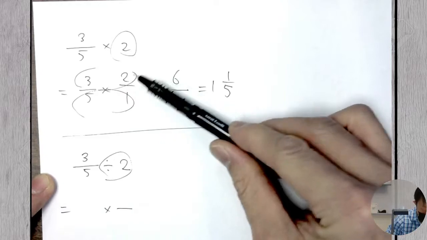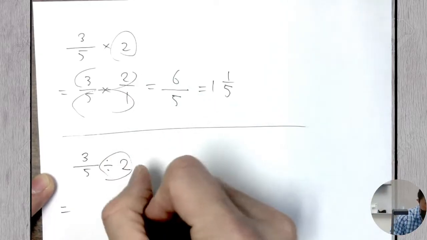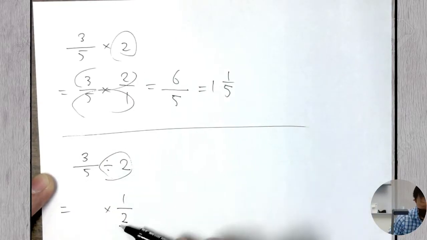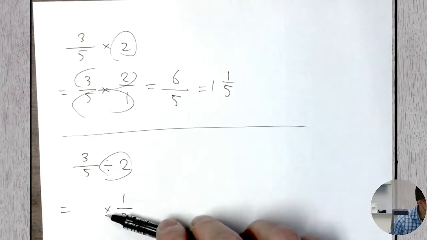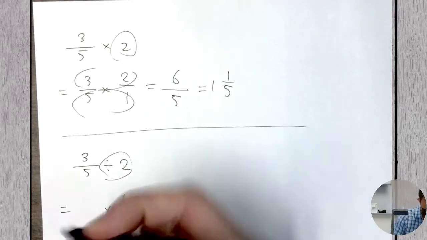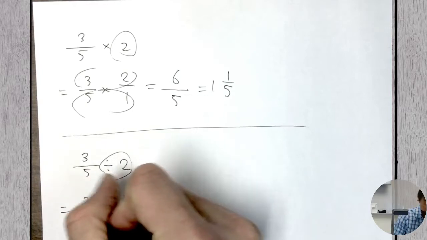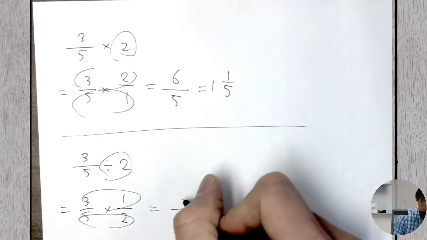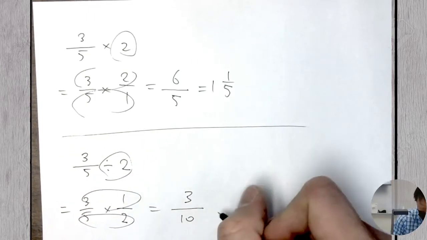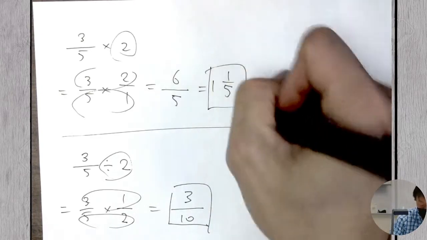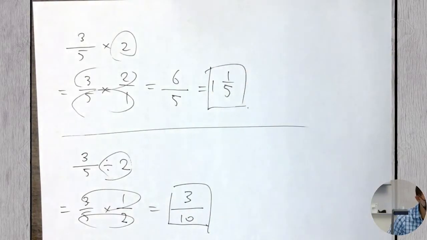You see here is 2/1, here it will be 1/2. So that 2 goes to the bottom. That becomes multiplication. And we still have 3/5, again times the top, times the bottom. We have 3 and 10, and that's our final answer. Always box your final answer for me, okay?